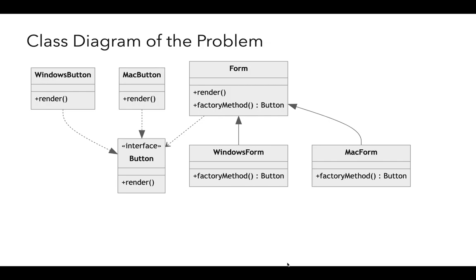This is the class diagram of our problem. So the product here is button and it has the virtual render method. Its two subclasses are Windows button and Mac button. So the concrete classes are Windows form and Mac form, which inherit the form parent class.